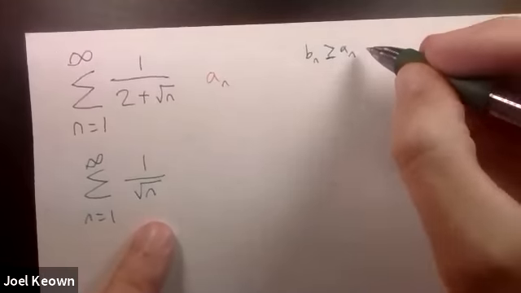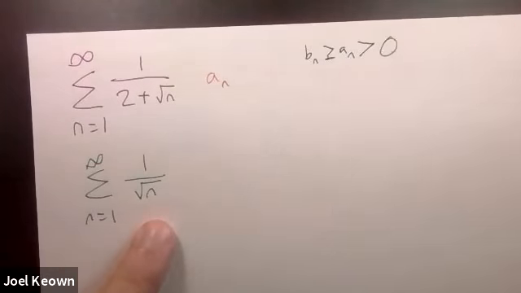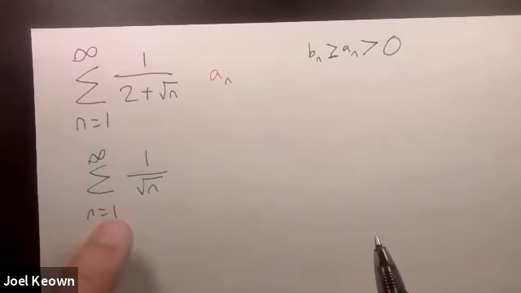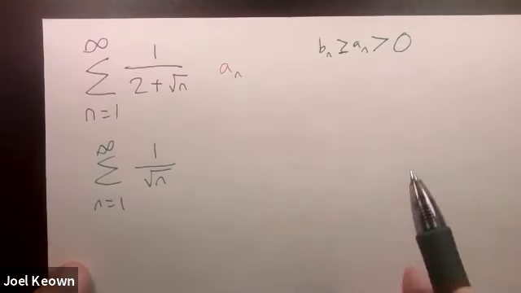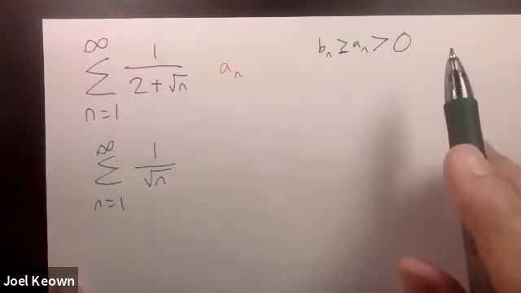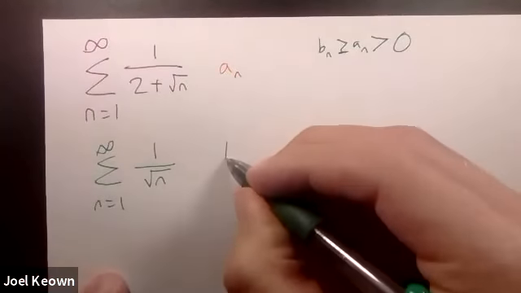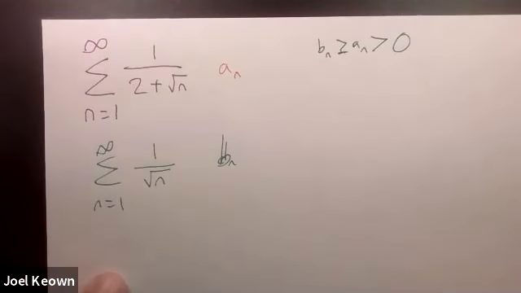But most importantly, they're all going to be greater than 0. So nothing that I plug in for n from 1 to infinity is going to give me 0 or less than 0. Okay, that's super important. So here's my B sub n.